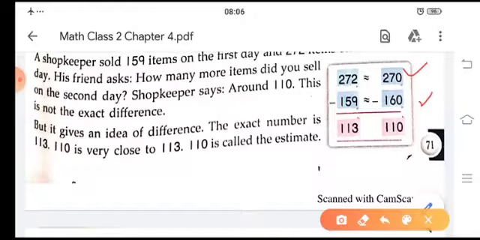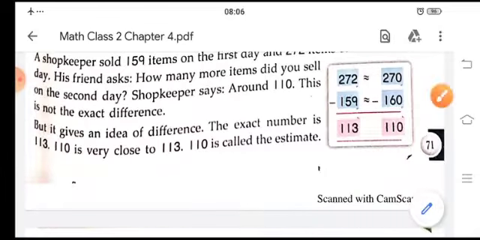Okay, and we have taken the estimated numbers over here. So 270 minus 160, we'll get 110. So we'll not get the exact difference, but we'll be close to the exact difference. Okay, so it is called an estimate.